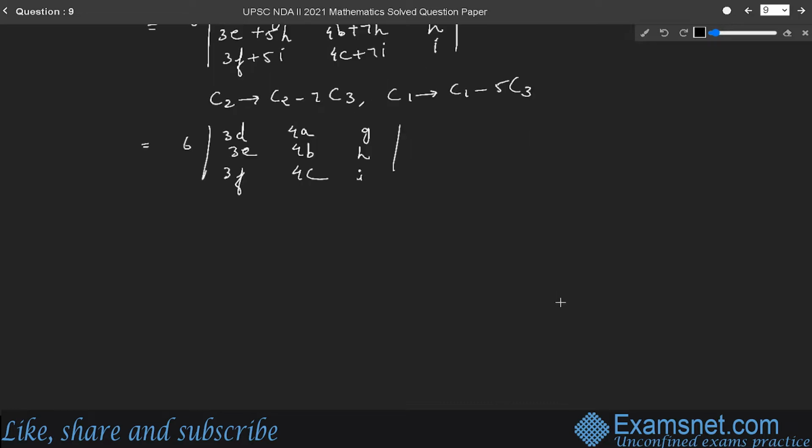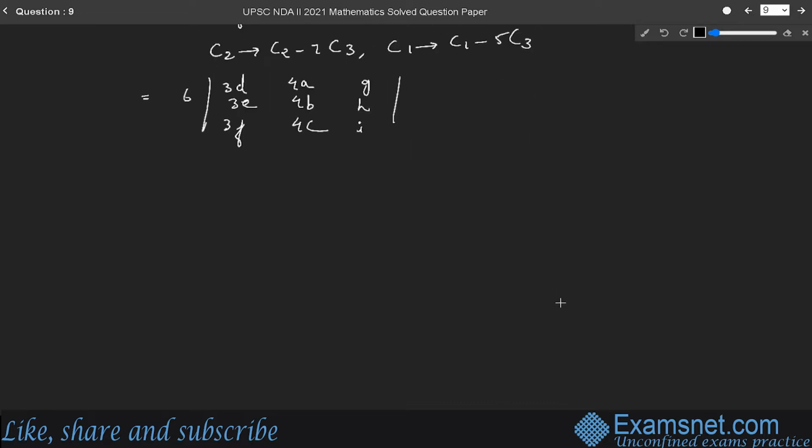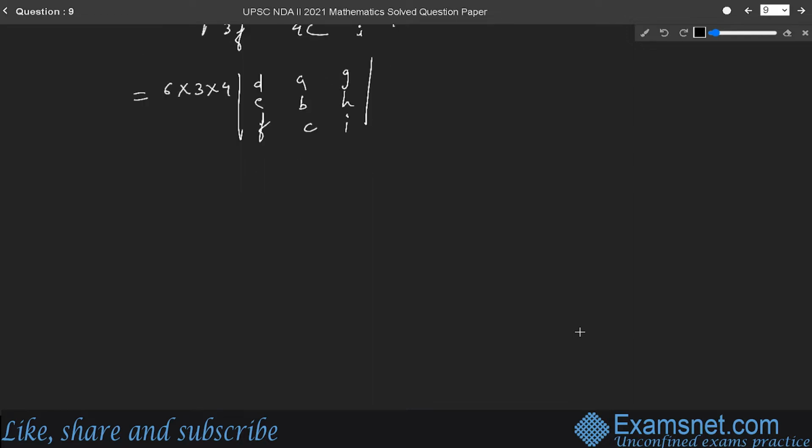Now, further solving, we can see that in column 1, 3 is common and in column 2, 4 is common. So taking it outside, it will be 6 into 3 into 4 times the determinant D, E, F, A, B, C and G, H, I. Now, by interchanging the columns, it means that C2 will be interchanged with C1.